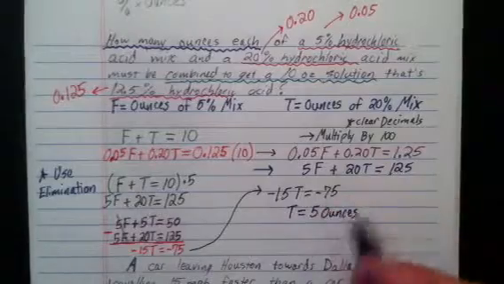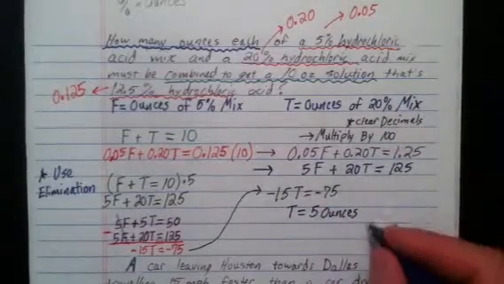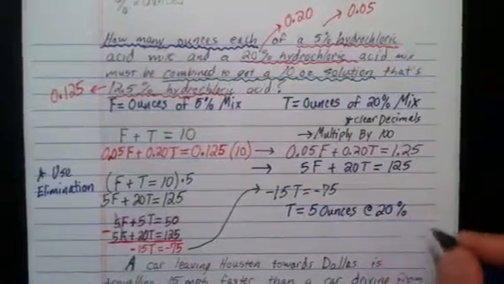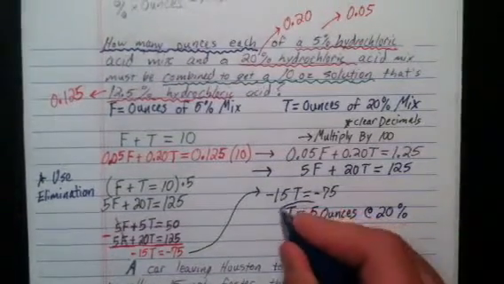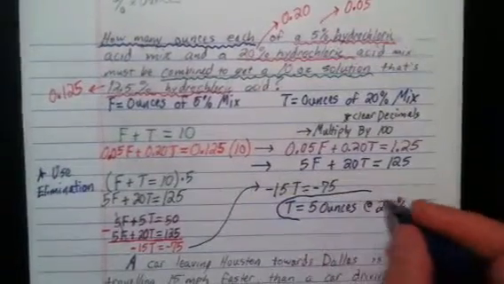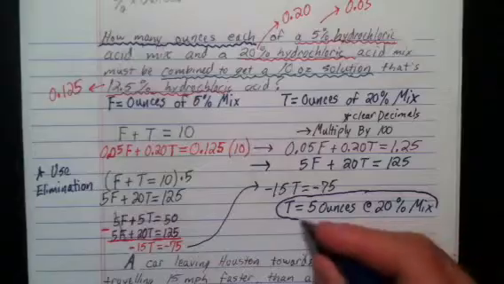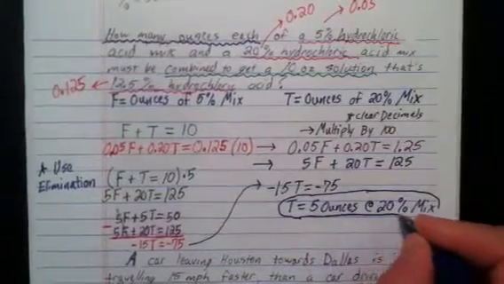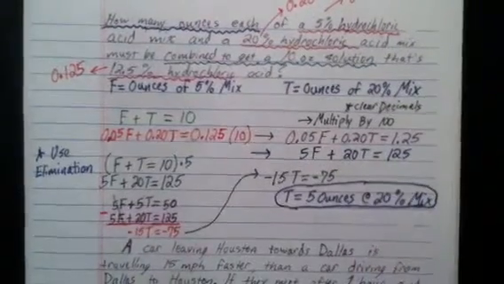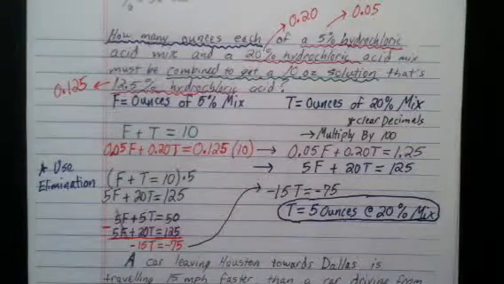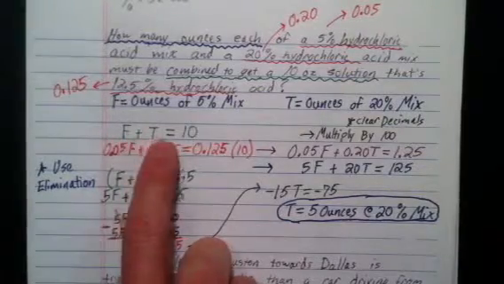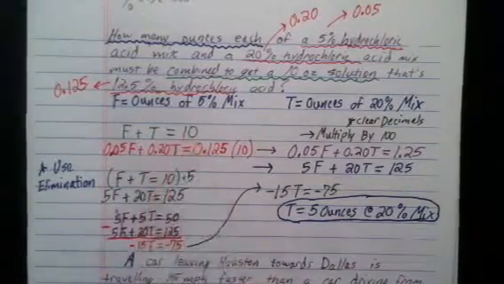And remember, T represented the amount of ounces at 20%. So 5 ounces of the 20% mix is how much we would need. But then back to our original equation, we know that the 2 ounces together have to add up to equal 10.